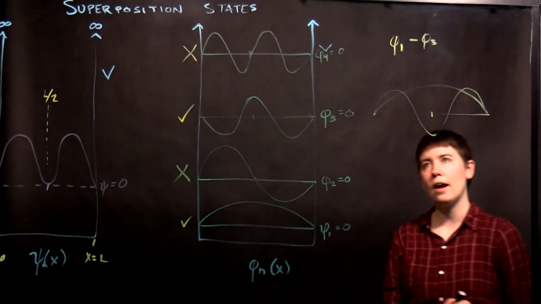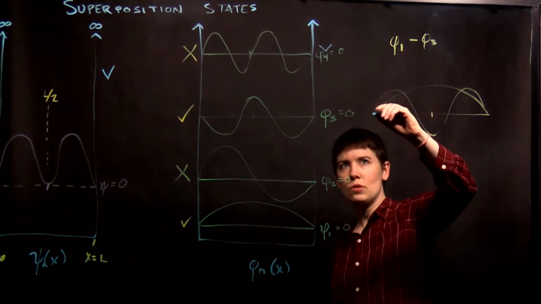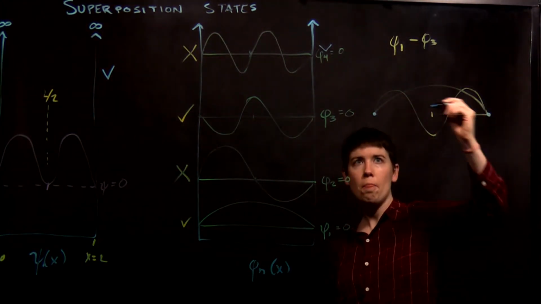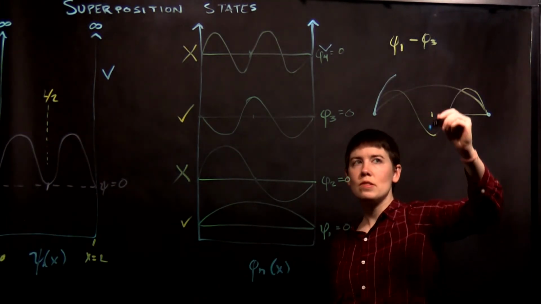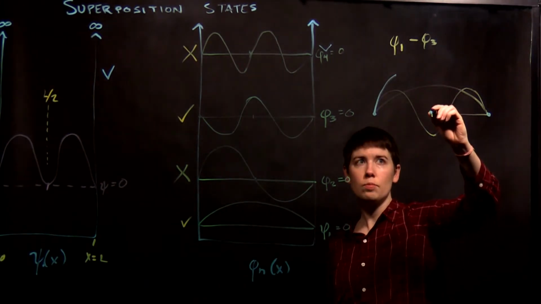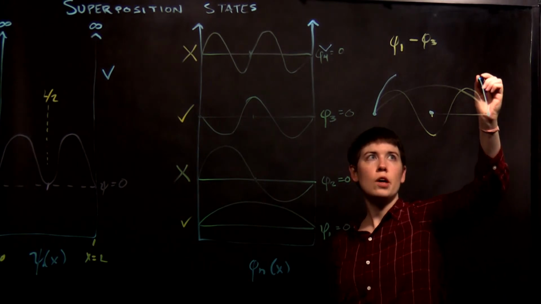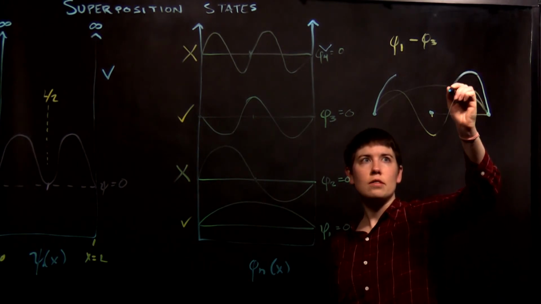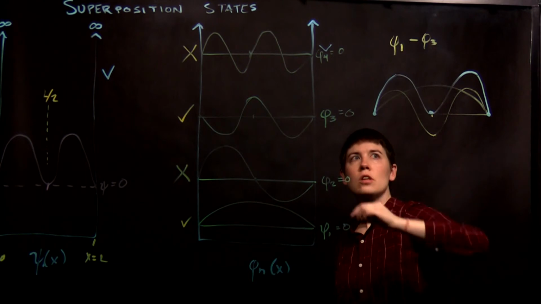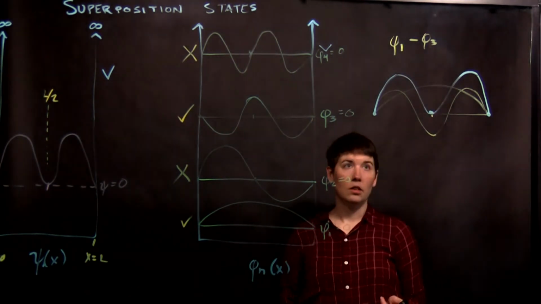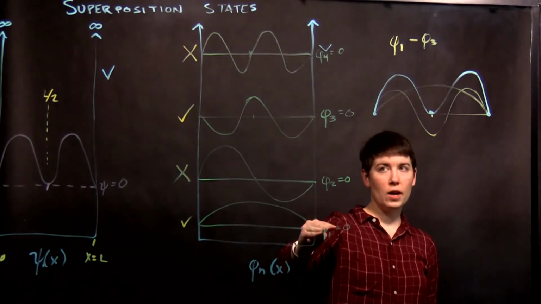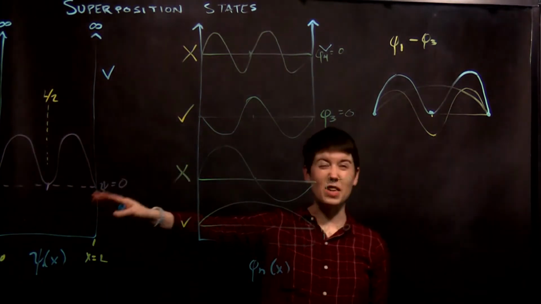So now I can try to add them together. So it starts at 0 on the ends. I like that. It goes up, but then at a certain point, for instance, if I have these coefficients right, it could be 0 here. So it goes up, and then it actually has to come down to 0 somehow. That looks pretty good. Now, I'm not saying that if we add phi 1 and phi 3 together, we get this exactly.